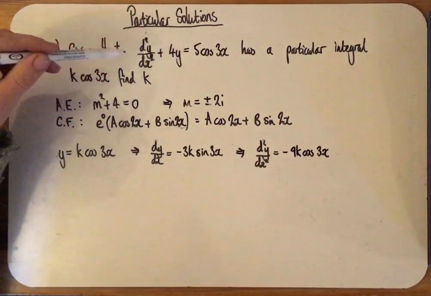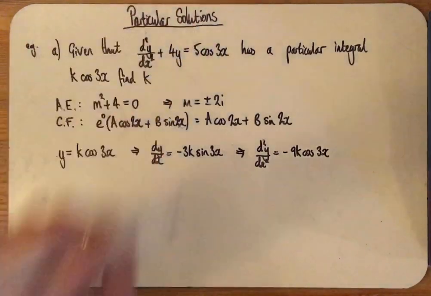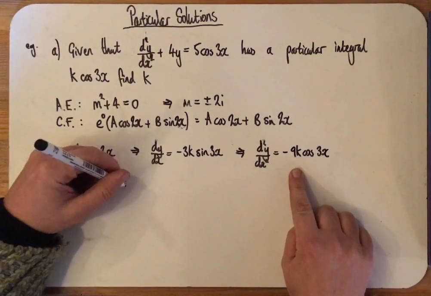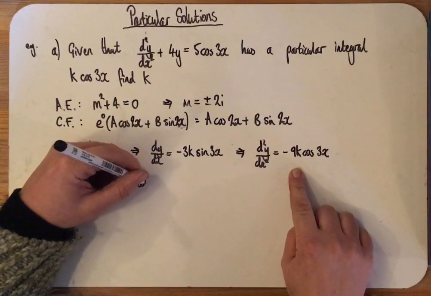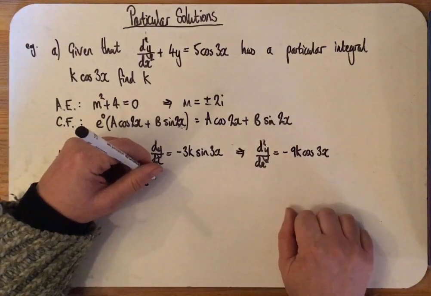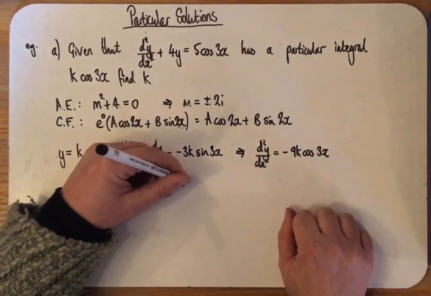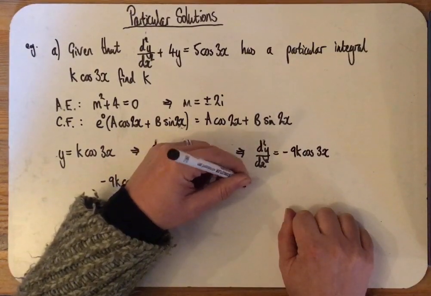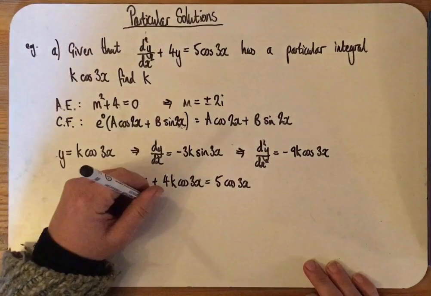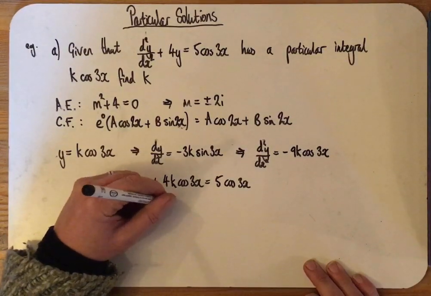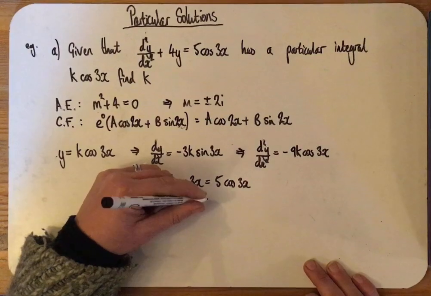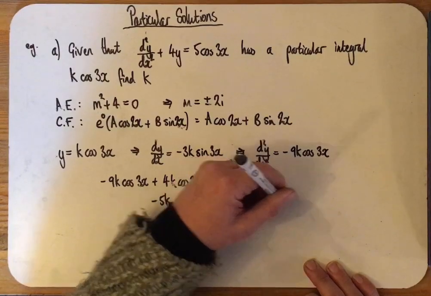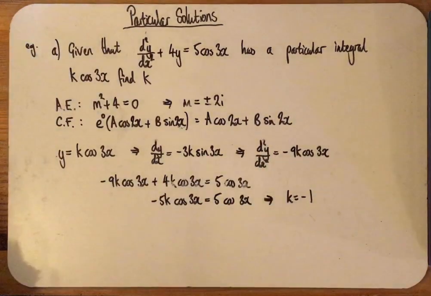Then substituting into our initial equation, we've got minus 9k cos 3x plus 4k cos 3x is equal to 5 cos 3x. So minus 5k cos 3x equals 5 cos 3x, and so it follows that k is equal to minus 1.